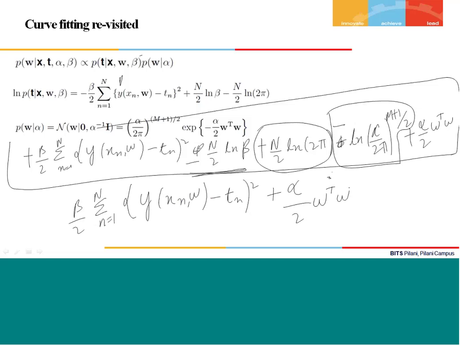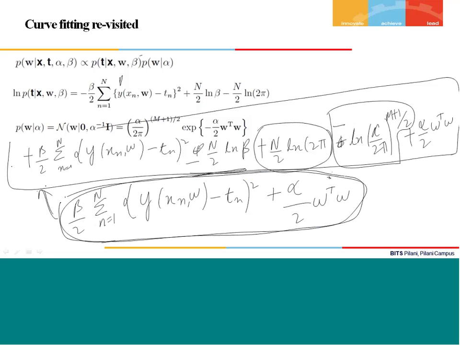If I minimize this value, the value that minimizes this expression will definitely minimize this expression, and the value that minimizes this expression will maximize the positive of it. So ultimately, this is the expression that I have to minimize.